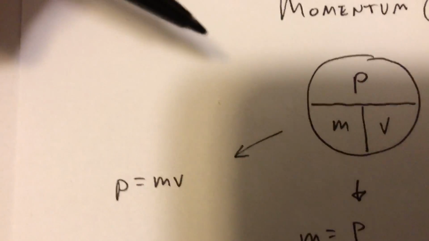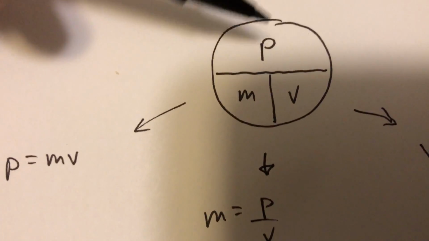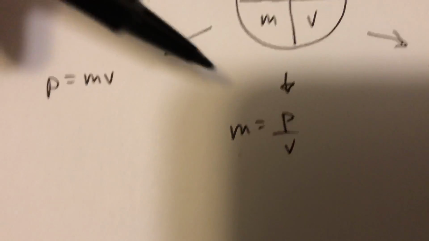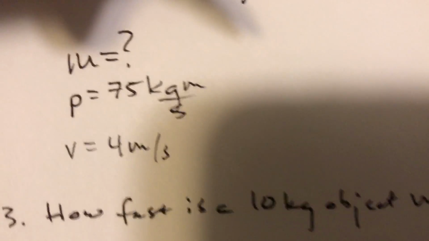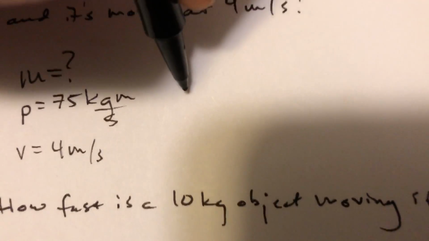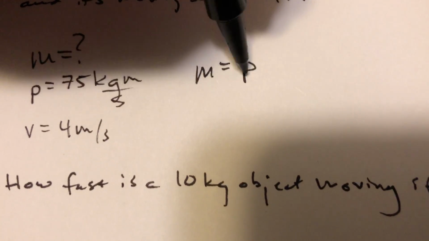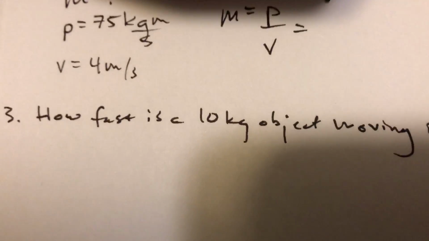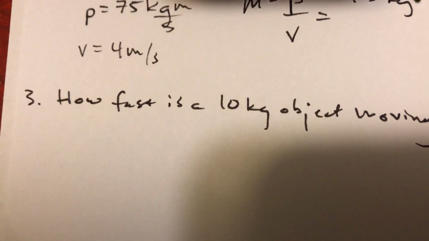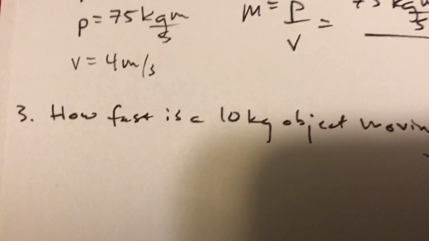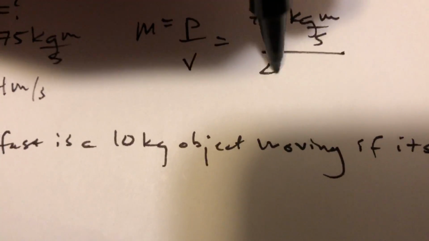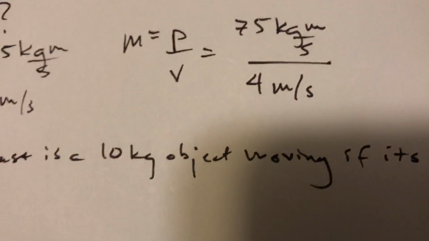Okay, so I want m. So I come up here and I go, all right, this is my unknown. I know these two, P over V, sure enough. So let me write that down. M equals P over V. And so that's going to be 75 kilogram meters per second over 4 meters per second.